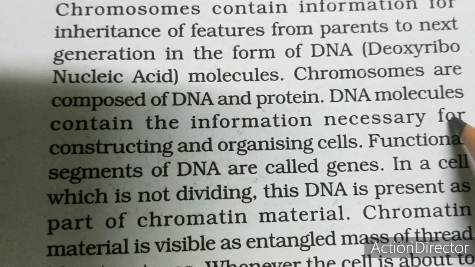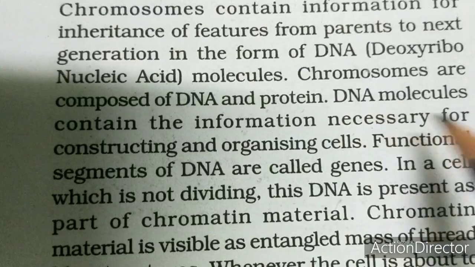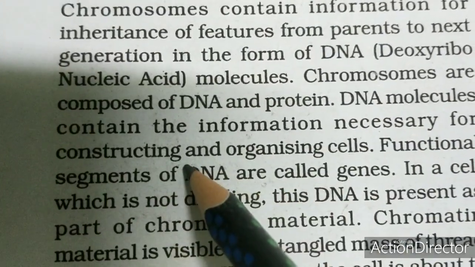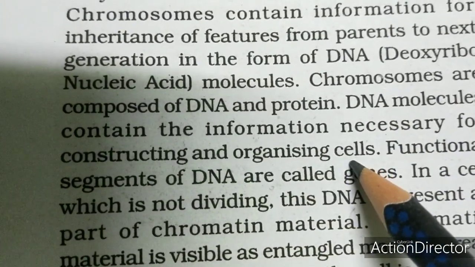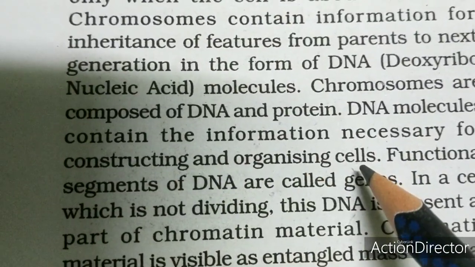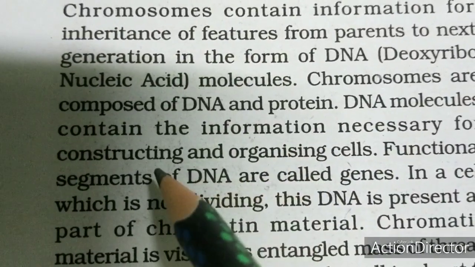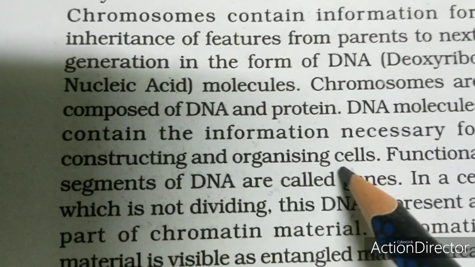Each DNA molecule contains the information necessary for constructing and organizing cells. Constructing and organizing cells means it contains the information which is necessary for the formation of the cells.